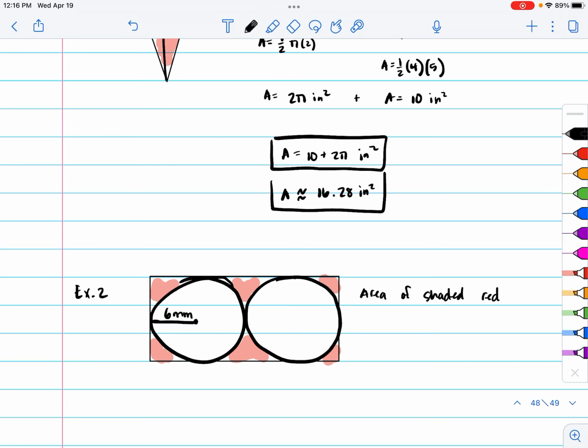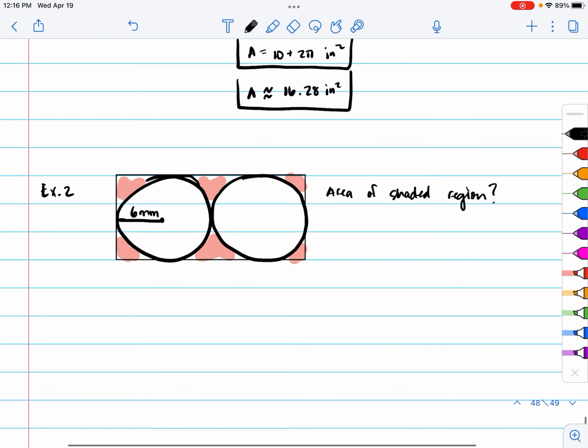So in this particular case, break this down into the shapes we see. We see a rectangle that should have a 6 here, and this is also 6.